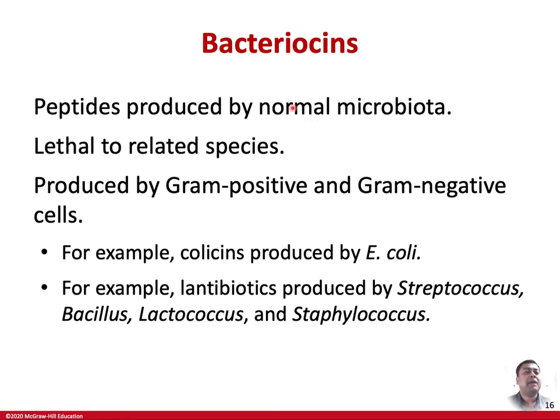Bacteriocins are peptides produced by normal microbiota and lethal to related species. So the difference between an antibiotic and the bacteriocins is that bacteriocins are usually active against very closely related types of bacteria. They are produced by both gram-positive and gram-negative cells. For example, the colicins are produced by E. coli.